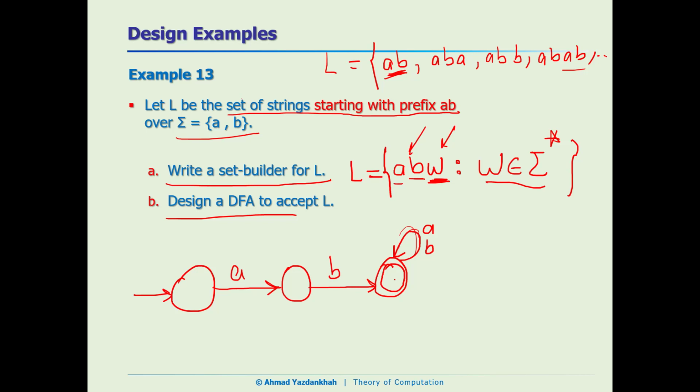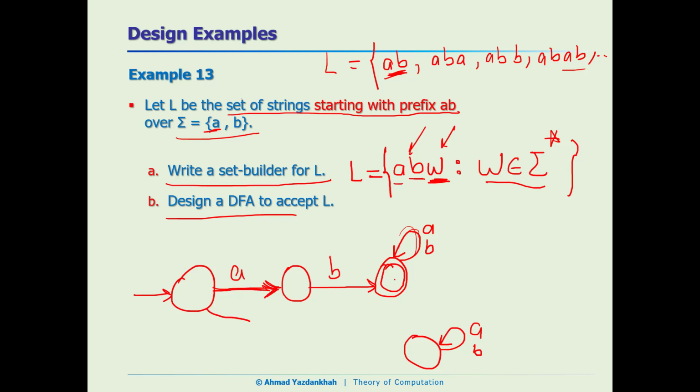Anything except these should be rejected. How can I do that? You just put a trap here. And how can we send the rejecting strings to the trap? It's easy. You remember I said we need to have one outgoing for every alphabet symbol, right? So we have one A here, it goes here.